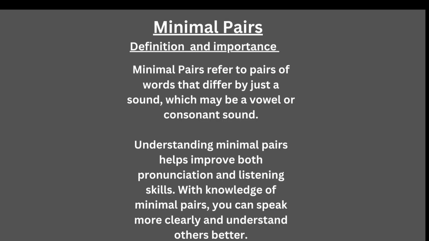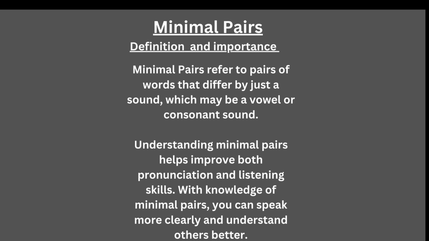Minimal pairs are pairs of words that have only one sound difference. This sound difference may be a consonant sound or a vowel sound. But for the purpose of this class, we are going to be focusing on the difference between the short vowel sounds and the long vowel sounds using minimal pairs.